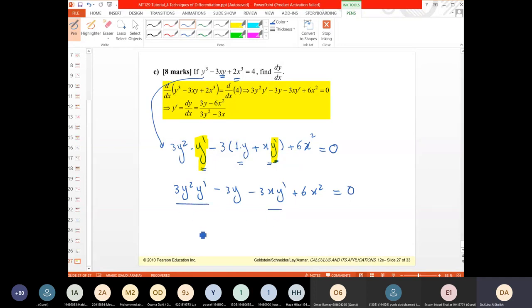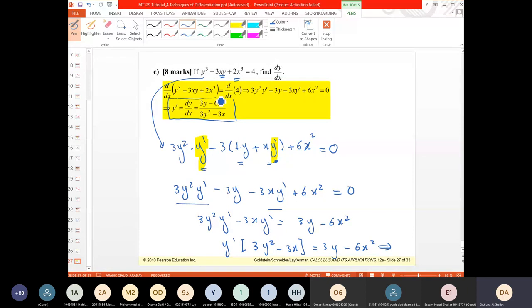We collect the y dash terms on one side and the rest on the other. So 3y squared y dash minus 3xy dash equal to 3y minus 6x squared. Take y dash as a common factor. We remain with 3y squared minus 3x equal to 3y minus 6x squared. So divide this by this, and this is the answer. The answer is here.